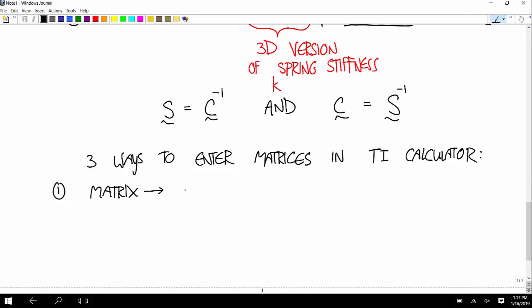So go to matrix, go to edit, and then it asks you what the dimensions are. If you want 3 rows and 5 columns, then you enter 3 by 5, and then 1 by 1 just enter the things in. I believe this is what you have to do for a TI-83, an 84, and maybe an 86 also.